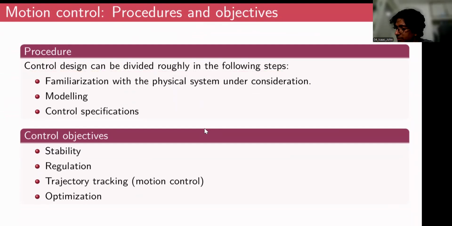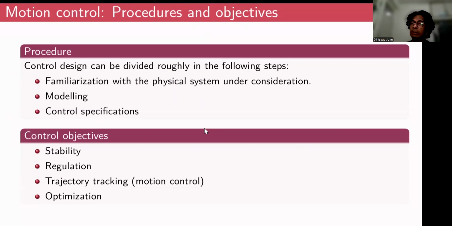The first step is familiarization with the physical system under consideration. Depending on the physical system you are considering, you have to familiarize yourself with its physics, which is completely defined by its kinematic equations as well as the dynamic equations of motion. And once you have become accustomed to that physical system, you model it mathematically.